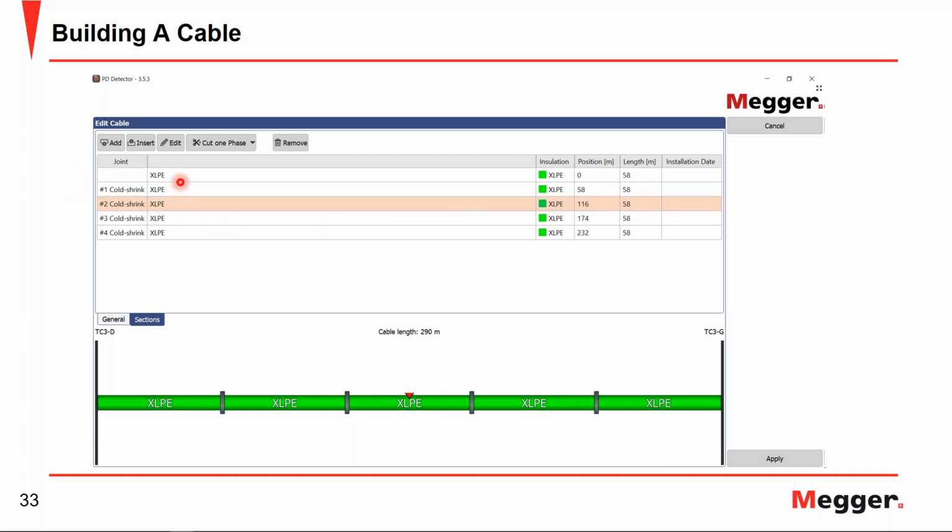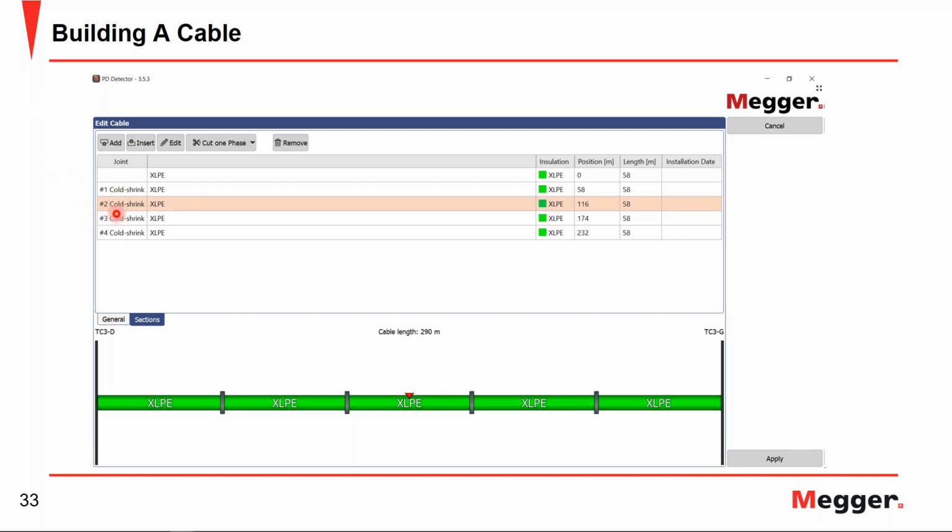And you can see that I was able to put my 58 meters of XLPE and then specify what type of joint I had that's seen visually here. And you want to pay special attention to that, because you want to see if that partial discharges line up with your splices, so that way you would know exactly where in the manhole or where along the cable you need to go to identify that partial discharge.